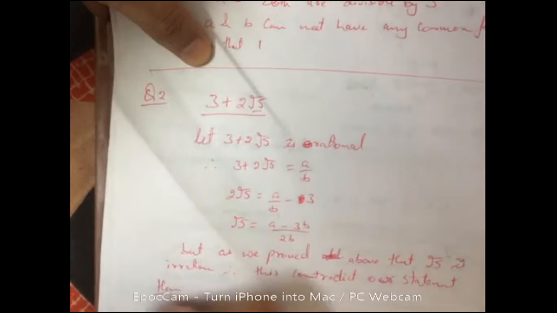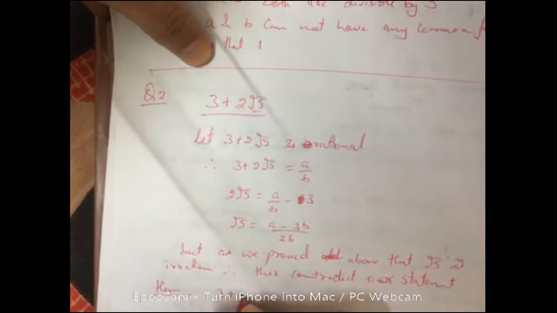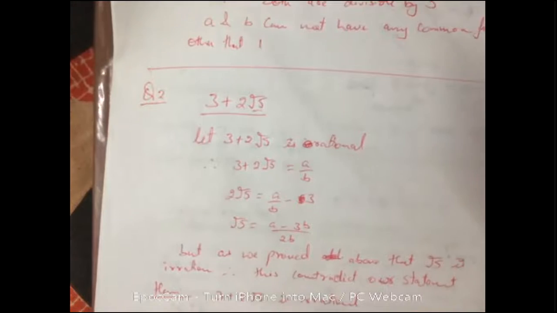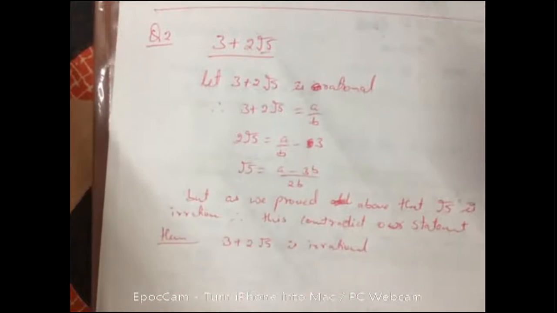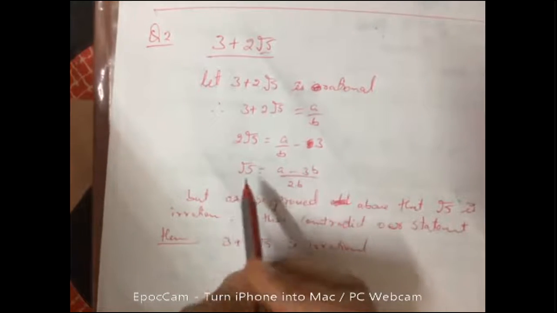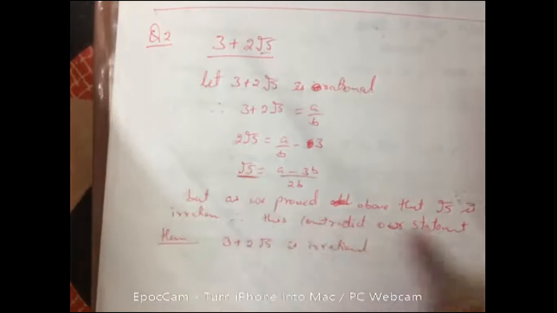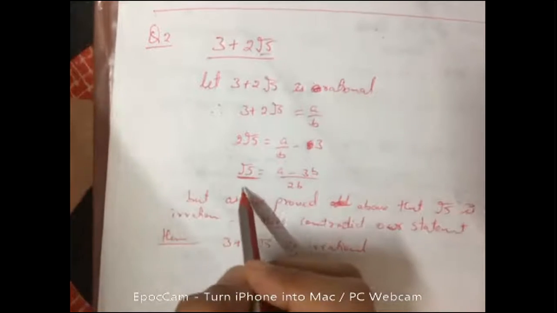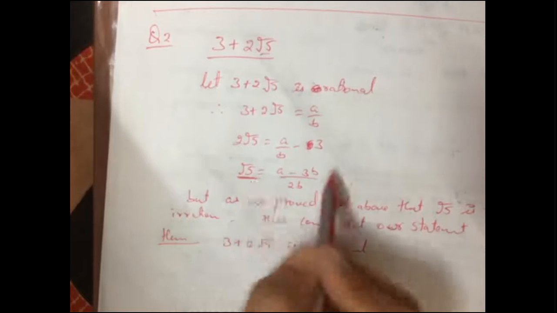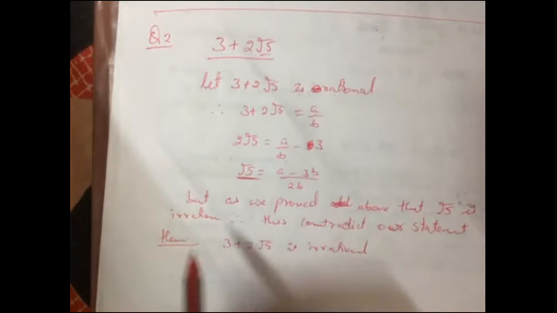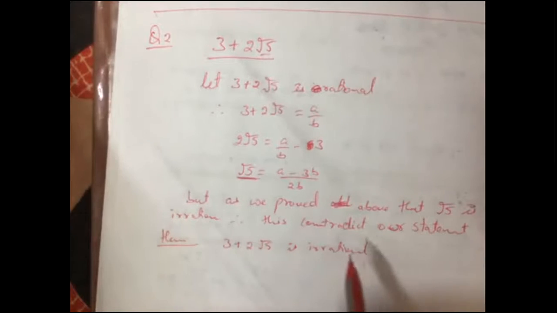Hence, 3 plus 2 root 5 is irrational. But if this is not given and it is just 2 marks, then instead of proving it, you can say, as we know that root 5 is irrational, therefore the whole is also irrational. Hence, this contradicts our statement and our assumption is wrong.